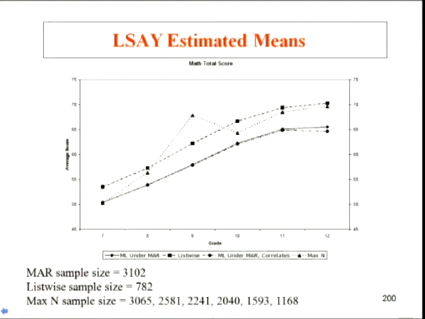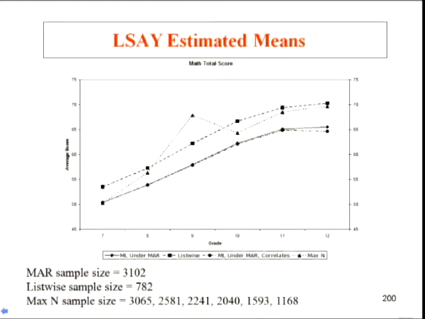It can either be that high, that low, or somewhere in between, depending on which method you use. This is how high it is if you use everybody who has observations on math score at grade 9. Everybody who has observations at that point. If you use listwise deletion, it comes down. And if you use ML under MAR, it comes down further.